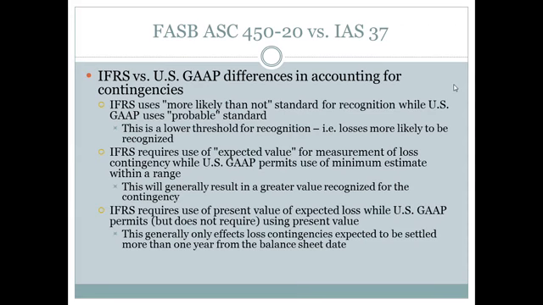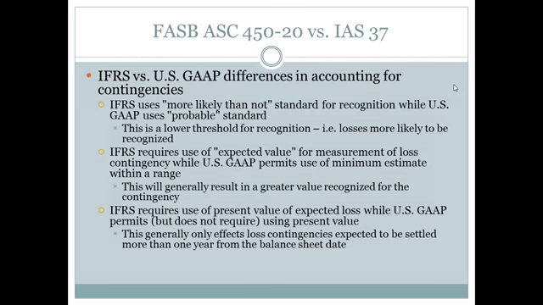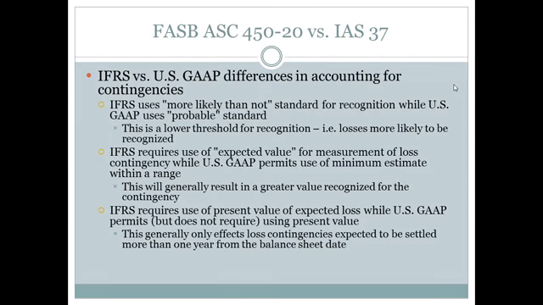IFRS also requires the use of expected value for measurement of loss rather than the minimum estimate within a range. What that means is that contingencies, when we are applying IFRS, are likely to be larger dollar amounts being recorded.